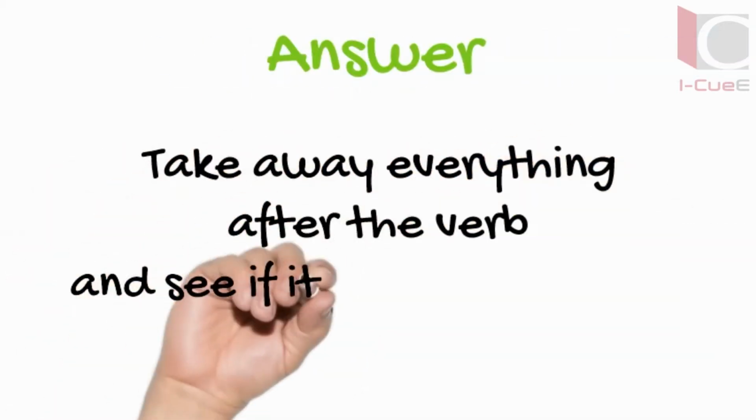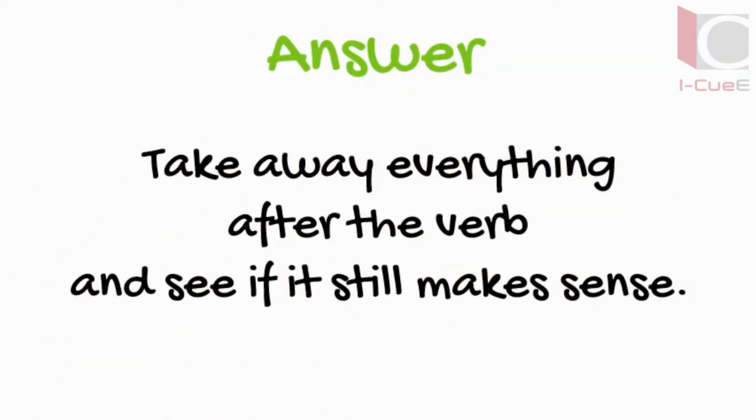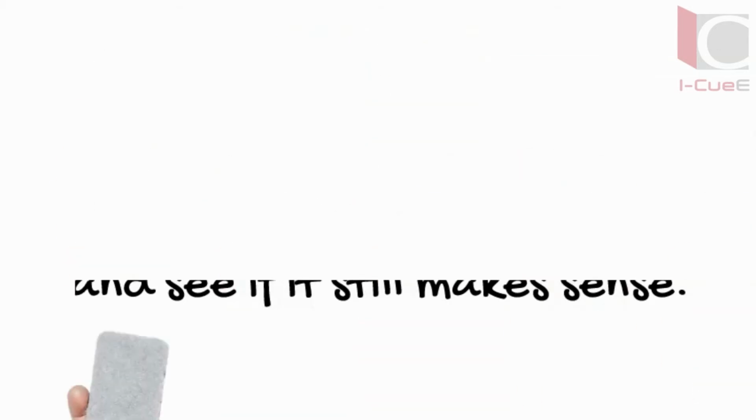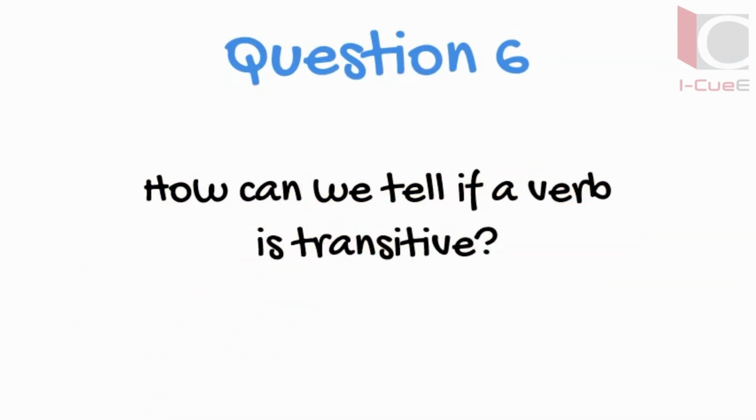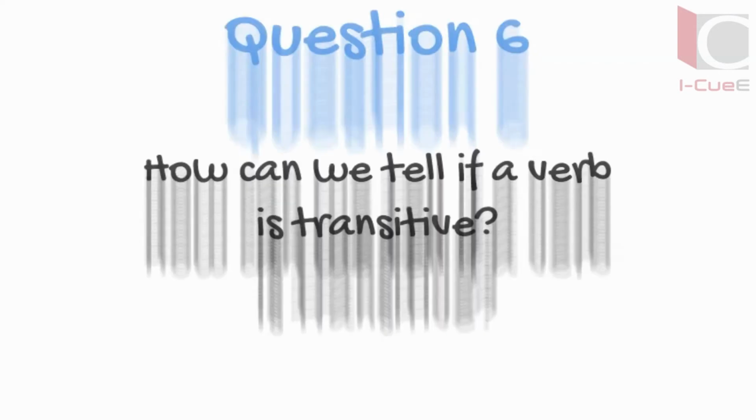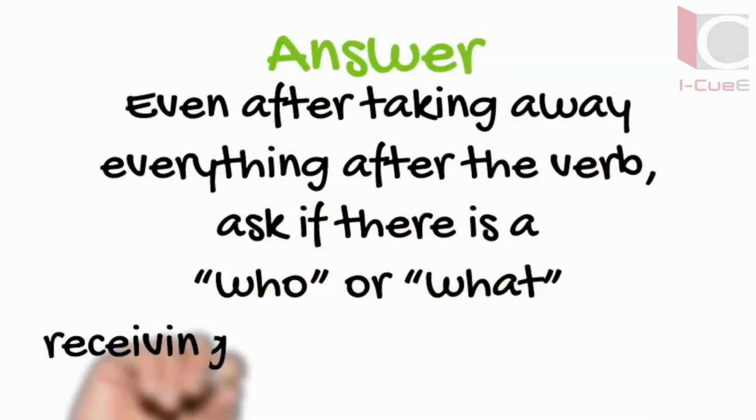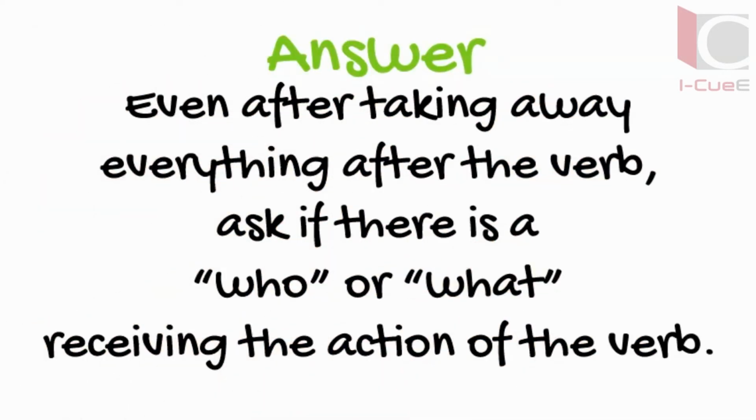Take away everything after the verb and see if it still makes sense. How can we tell if a verb is transitive? Even after taking away everything after the verb, ask if there is a who or what receiving the action of the verb.